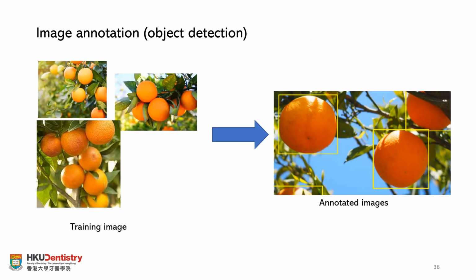The type of annotation that you want to use depends on the final model that you plan to use. If you want to develop an object detection model, it's necessary to just put one rectangle around the object that you want to detect. For example, here, if you want to develop a model that predicts oranges on an orange tree, in the annotation phase, we just need to put a rectangle around each orange.